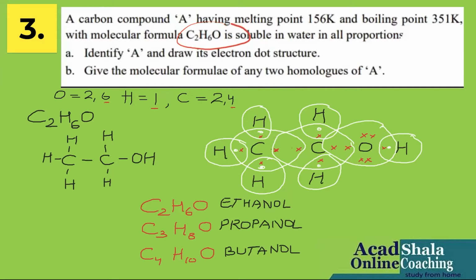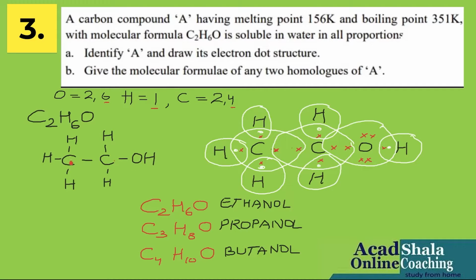And since the molecular formula has 2 carbons, it is ethanol. The molecular formula of ethanol is C2H6O, which I can also write as C2H5OH. So C2H6O or C2H5OH means the same. The first thing I will do is write down C2H6O, the molecular formula, and then I will also draw the structural formula for my reference, which I have done here on the screen.